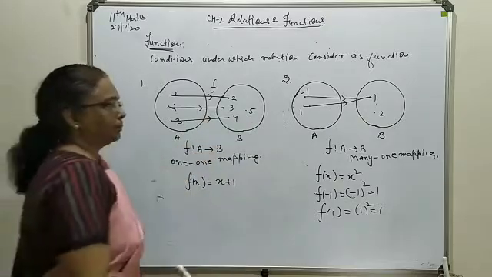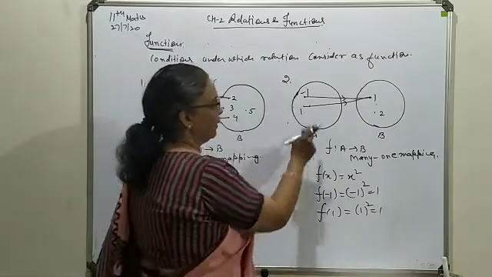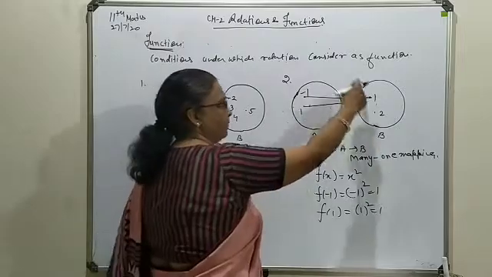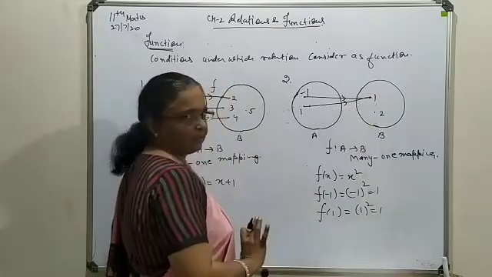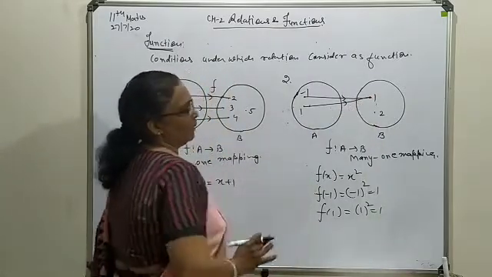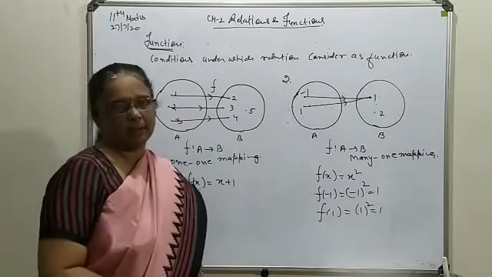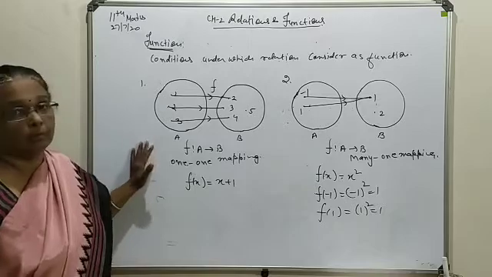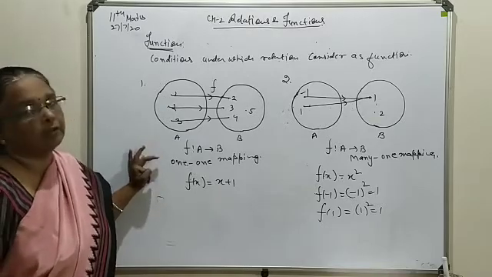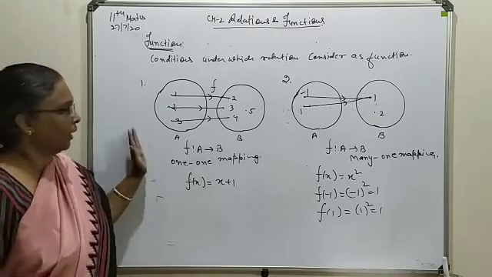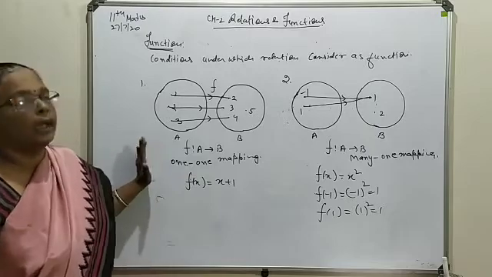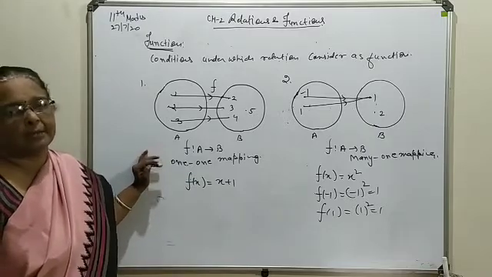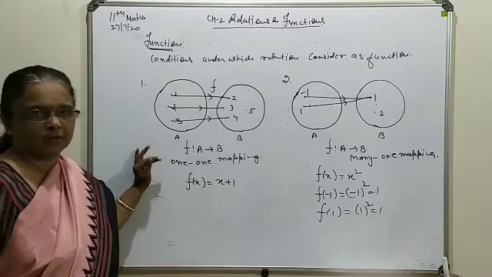Second case, more than one element in set A has a single image in set B. So it is called many-one mapping. So these are the two types of correspondence which normally are used as a function form. So under these two criteria, any relation can be considered as a function.